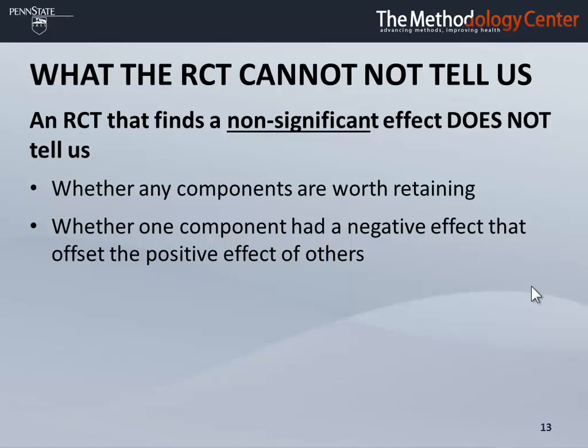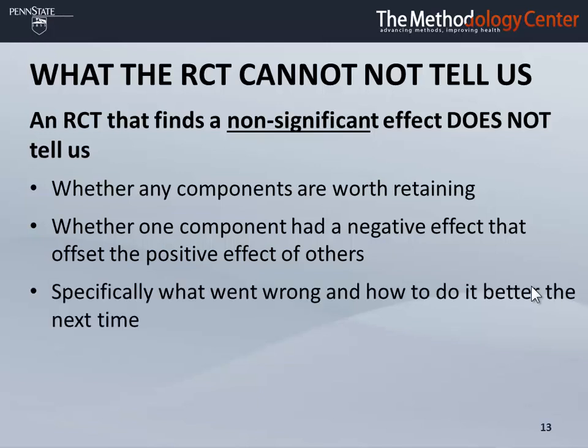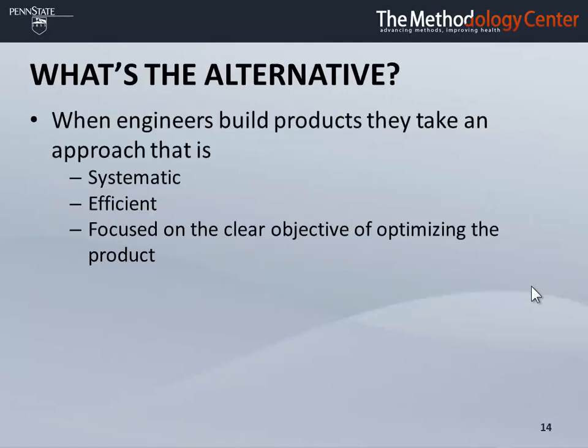If you have a lot of components, if you've got a few in the plus column and a few in the minus column, you can end up with a net zero. You don't know. And what's most frustrating, I think, is that you don't know specifically what went wrong, and you don't really have that many leads for how to do it better the next time. So in general, if you get a positive RCT or a null RCT, you don't really know what the next steps are to do better the next time.